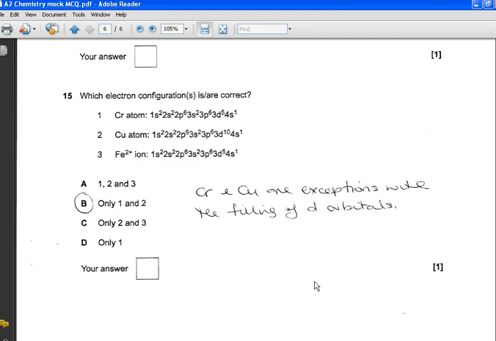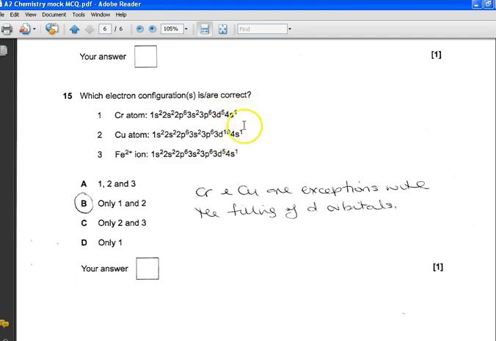Electron configurations, chromium and copper, they are exceptions, and iron isn't. So you wouldn't get this arrangement of the d5 4s1 at the end. Don't forget that with chromium, you have your 5 unpaired electrons, and the 4th shell electron goes into the s1, and the same with copper, only this time you've got 5 lots of paired electrons with the full d orbitals.